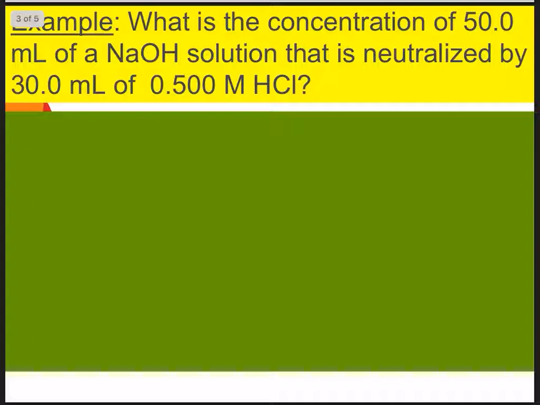So what we know from this problem is the concentration of hydrochloric acid, and we know exactly how much we have of it. What we're looking for is the unknown molarity of this solution. We have 50 milliliters of it, but we don't know the concentration. So that's what we're trying to find via this titration. And we're going to do a lab when I get back, and we're going to actually titrate and see how this works in real life.